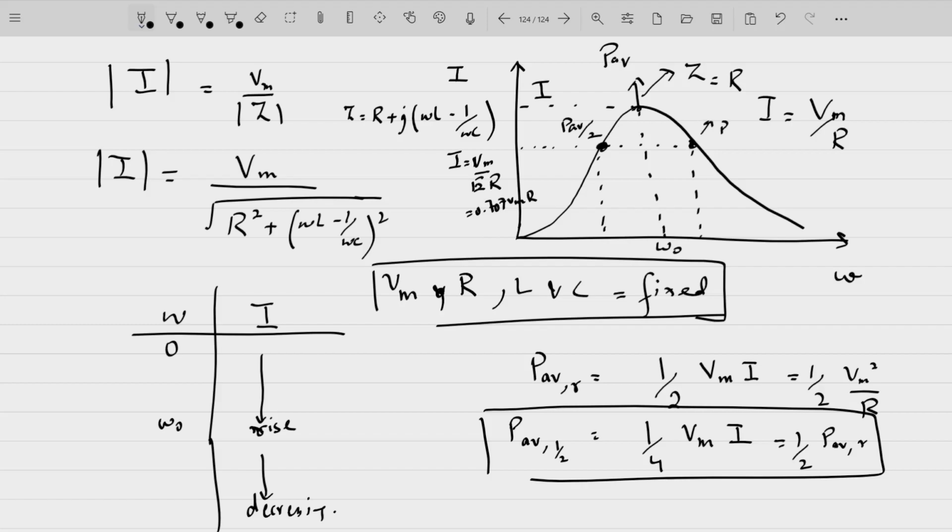You can obtain that if you substitute a value of I equal to 0.707 Vm divided by R. Fine. At the resonant frequency point, I is equal to Vm divided by R. At the half power frequency point, I will be equal to 0.707 Vm divided by R.